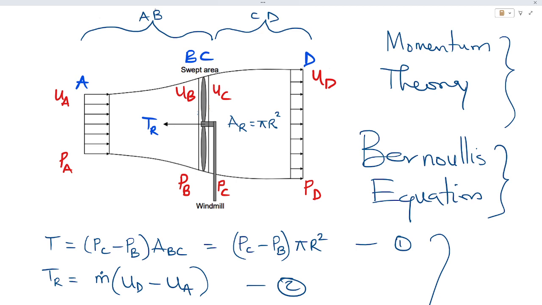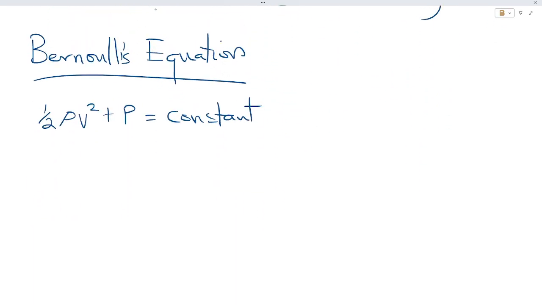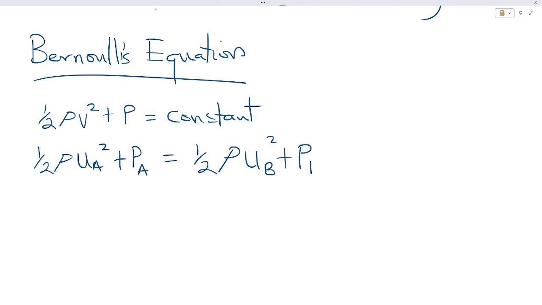So by applying the Bernoulli equation to these 2 cross sections of the windmill tube, we can derive that half rho UA squared plus PA equals half rho UB squared plus PB.